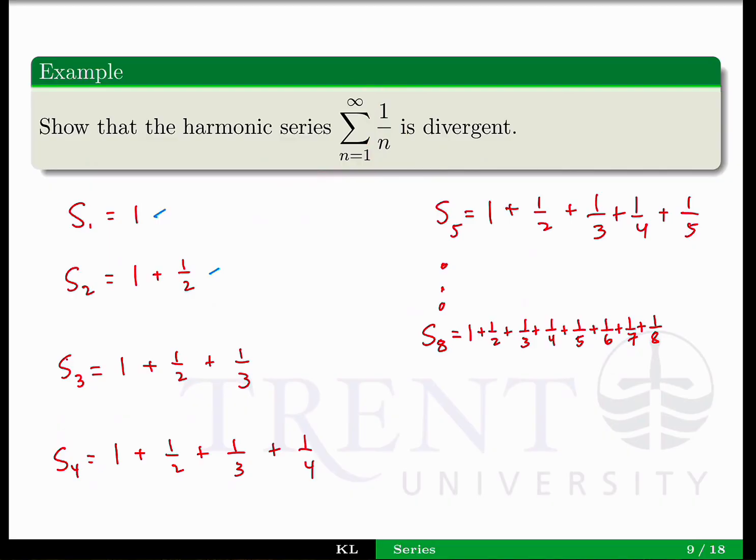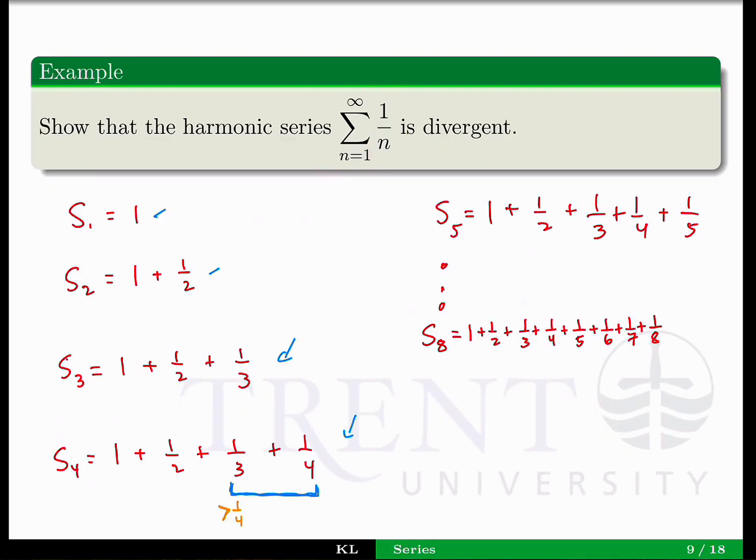Let us skip S3, and I will do S4. Particularly, if you look at this, we know that 1 third is greater than 1 fourth.